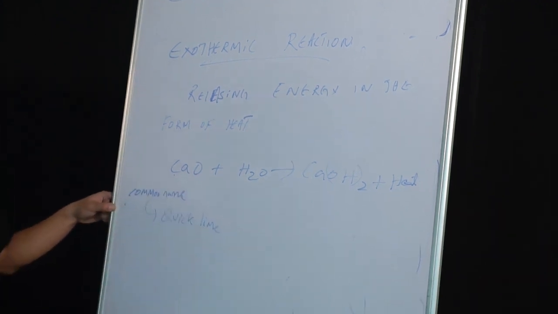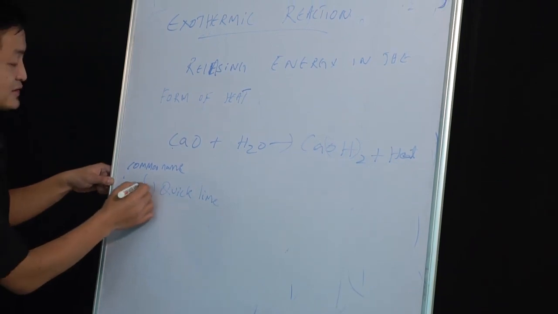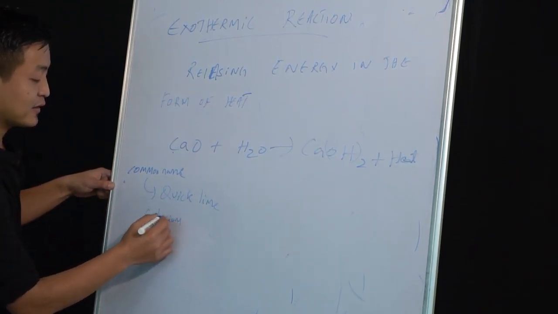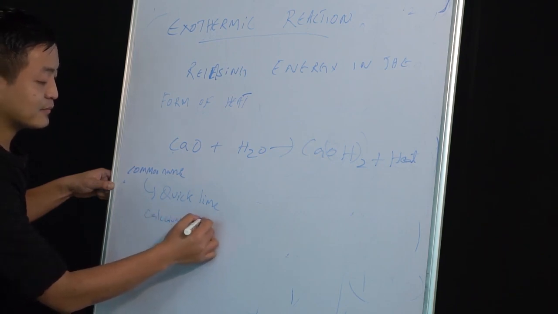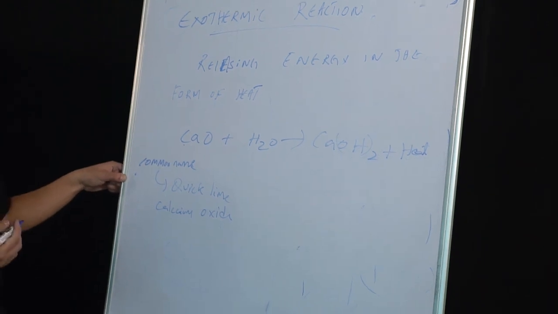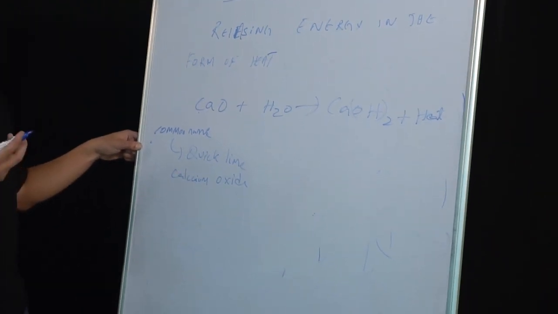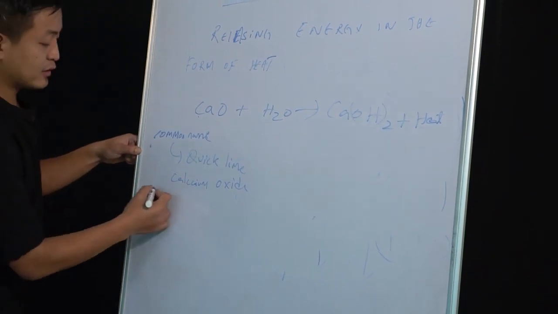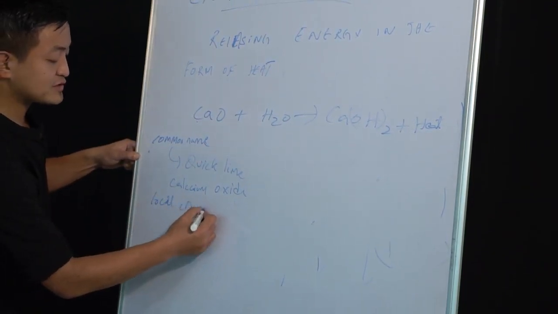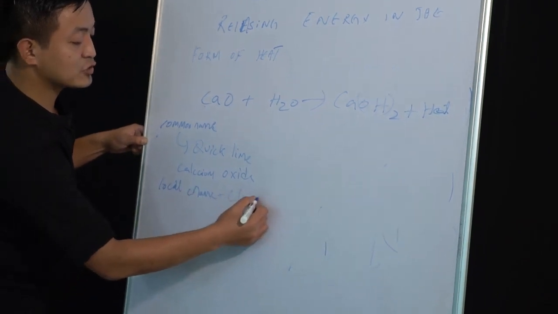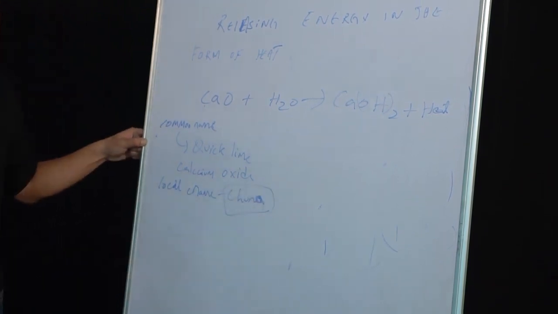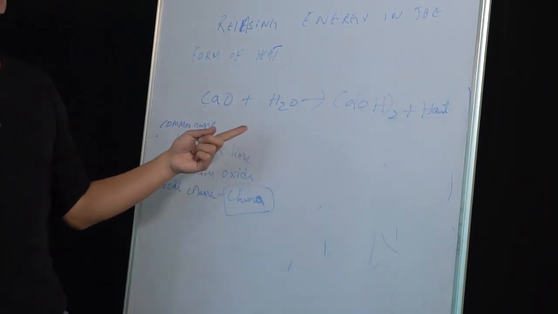The chemical name is calcium oxide. And the local name is tuna. It is white in color. I'm sure you all have heard and seen tuna. It is not new. And H2O, you all know it's water.